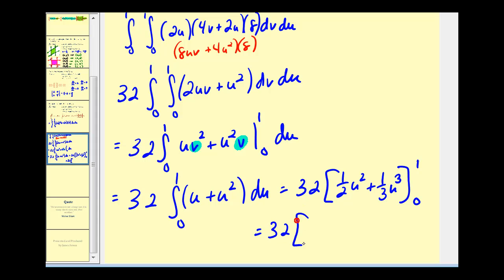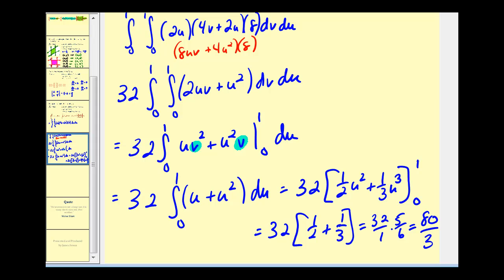So we're going to have 32 times, when u is 1, we'll have 1/2 plus 1/3. And then when u is 0, these will both be 0. So 32 times, this will be 5/6. And this simplifies to 80/3.